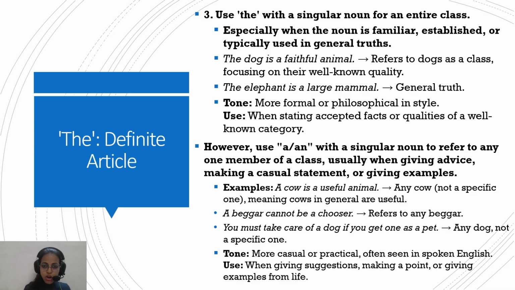If you get a dog, it could be any dog, but please take care of that dog. So the tone here is casual, practical. So the and a can both refer to a class, but when the reference is specific, we use the, and when the reference is more generic, we use a or an. Okay, clear?